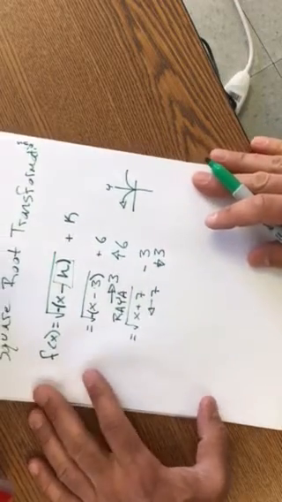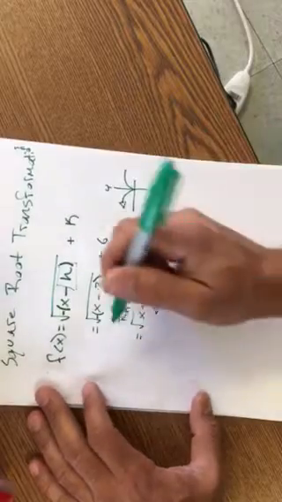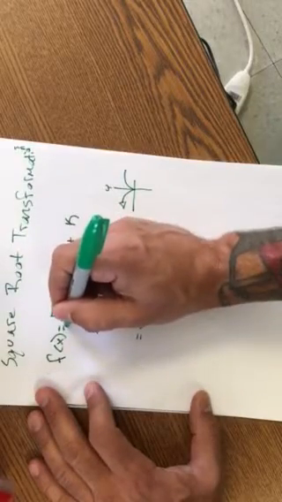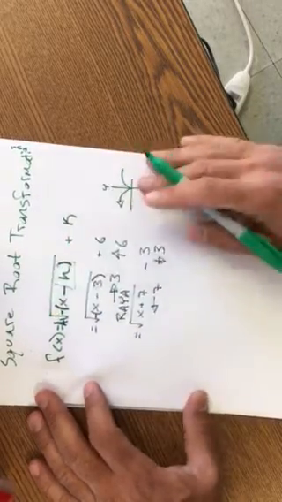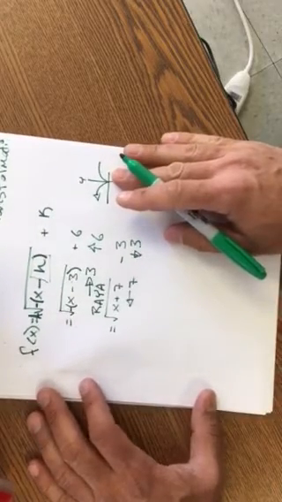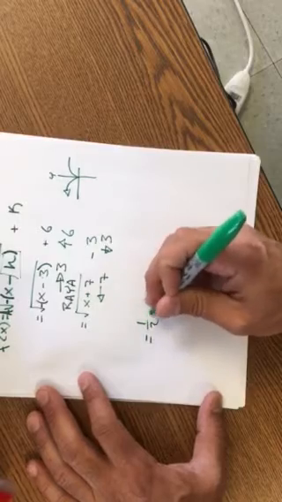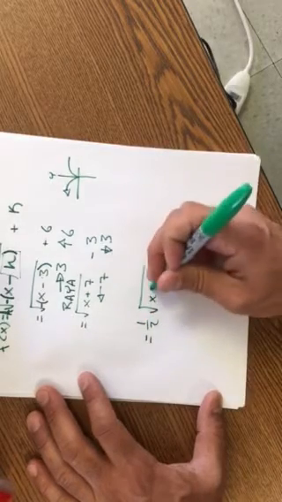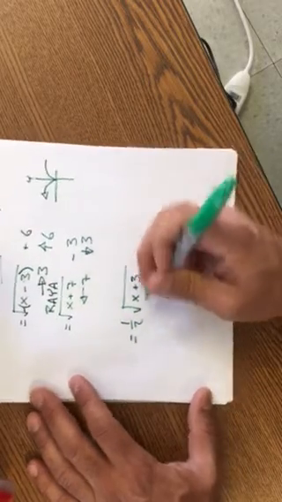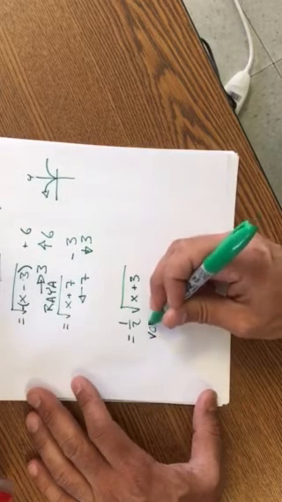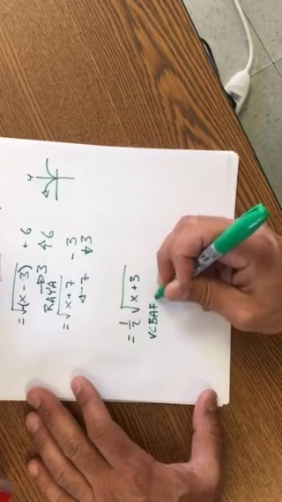The other thing that we're gonna have is, we're gonna call this A, and A was our vertical stretch and compression. So remember, if it's 1/2, this is gonna be a vertical compression by a factor of 1/2.